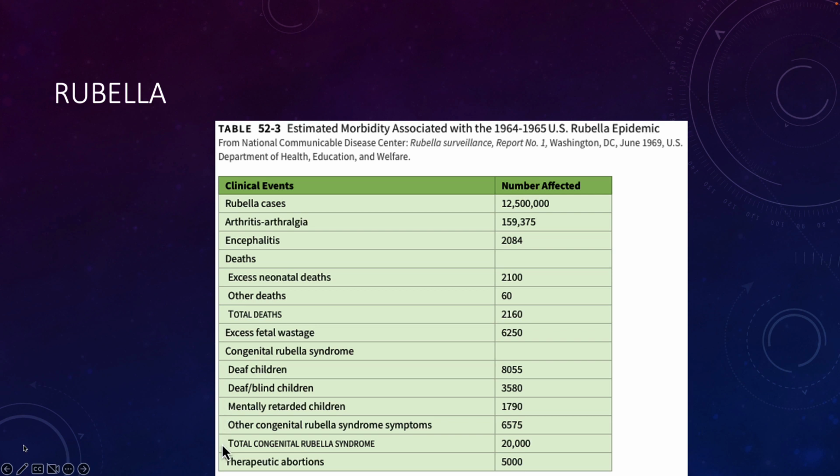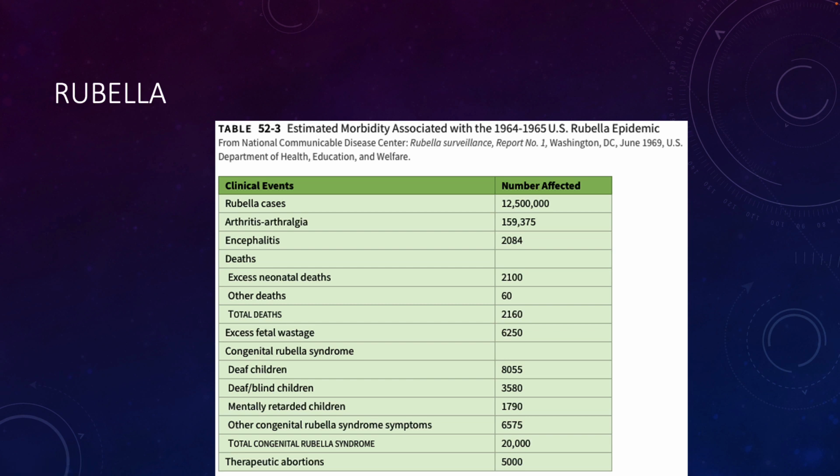The other numbers we can look at here are for congenital rubella syndrome. So these are children who were born to women who got infected during pregnancy. You see that there were just over 8,000 children who were born deaf, almost 3,600 children who were born deaf and blind, nearly 1,800 who had significant mental defects that basically require lifelong care, and 6,500 that had other symptoms of congenital rubella.